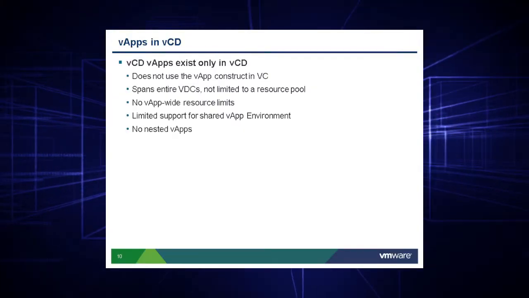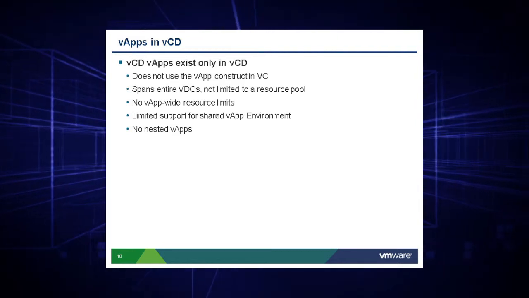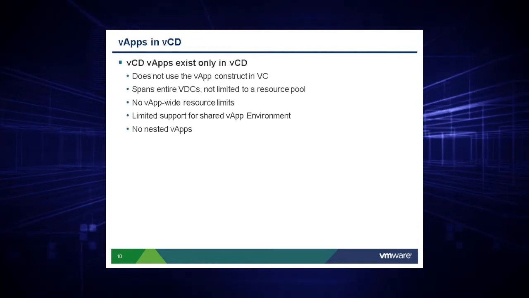Unfortunately, or fortunately, it's built as a resource pool, and as such, a VApp cannot go beyond the limits of that resource pool. Within VCD, though, there is also a VApp construct, but it's very different from the one that's used by VC. As opposed to the VC one, where you can have embedded VApps within VApps, in VCD you can only have a flat VApp.